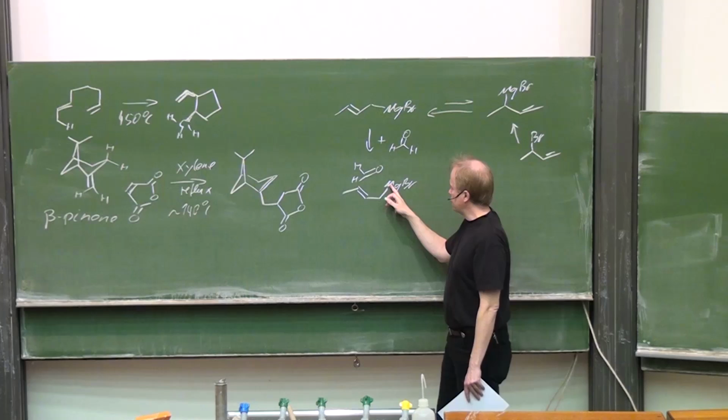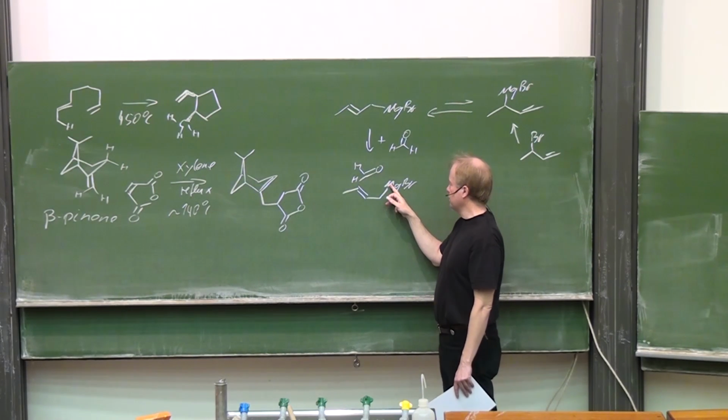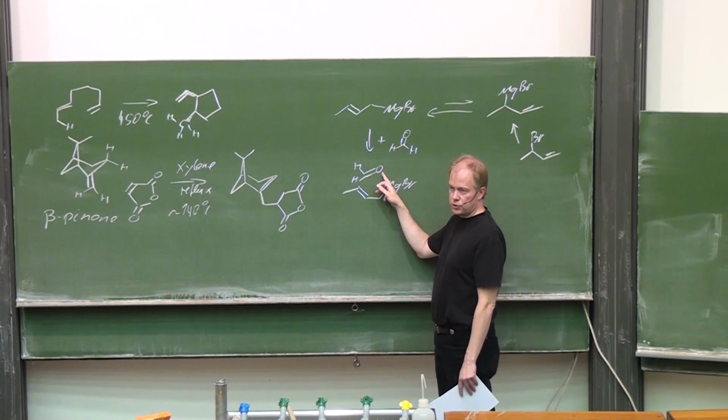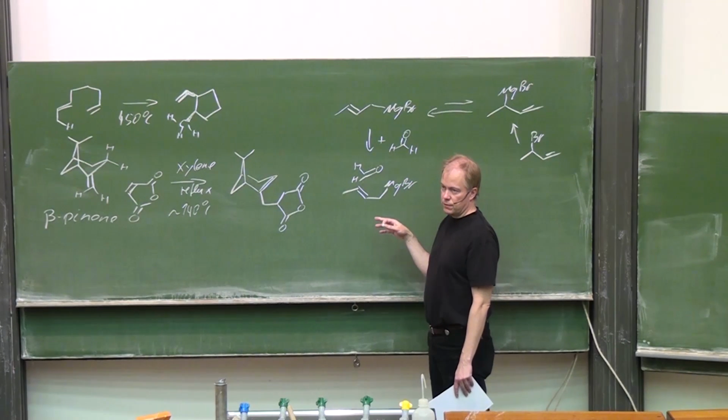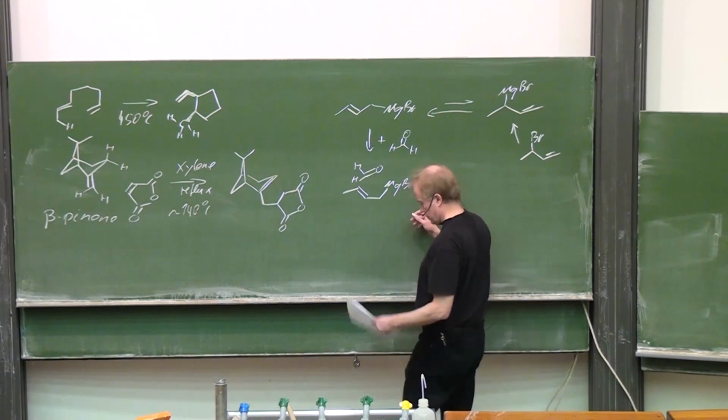the Lewis acidic magnesium coordinates to the oxygen, and then, well, this is the start for the formation of the six-membered transition state.